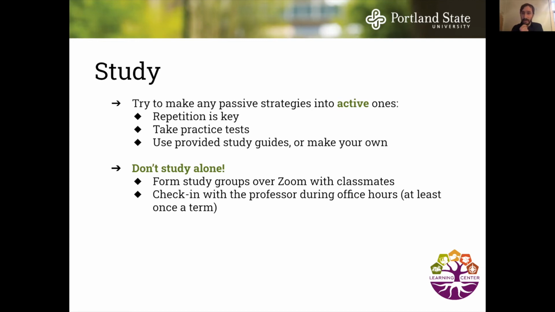And don't forget professor office hours. Professors love to see you come to office hours. Sometimes no one will come, so that's a great opportunity to talk to someone who makes your quizzes and tests and can really direct you to the best thing to spend your time studying.